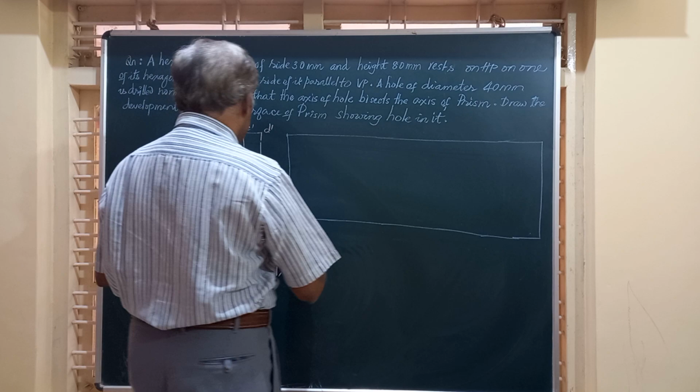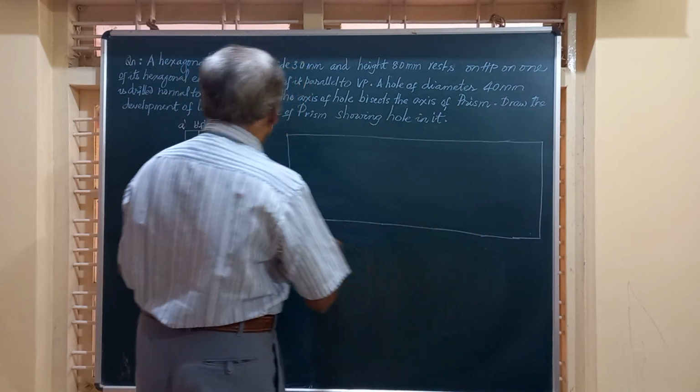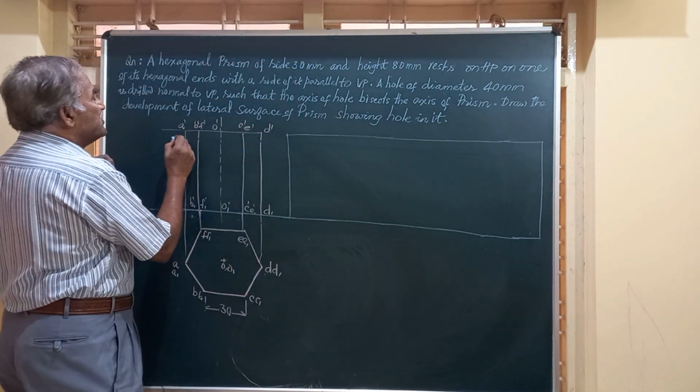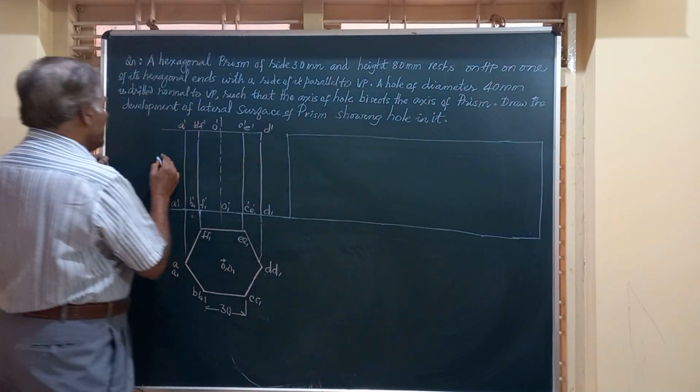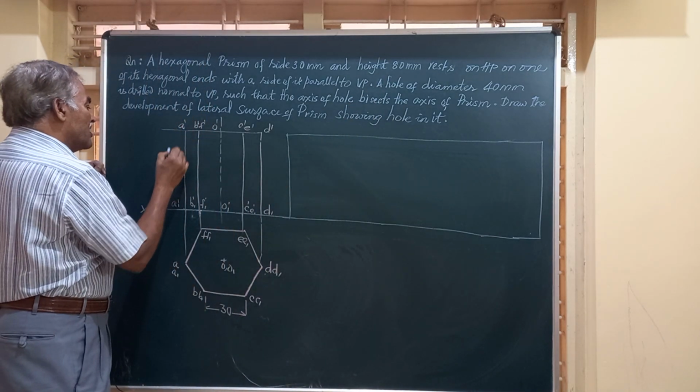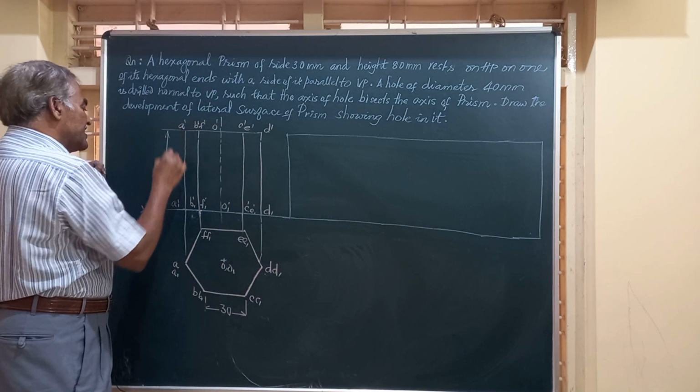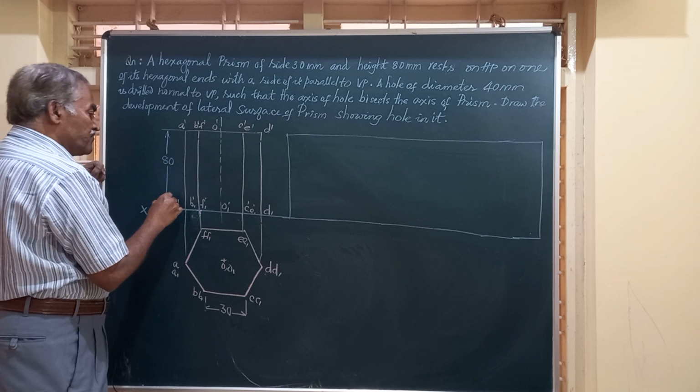So we are going to get 180 as the length, and the height of this object is given to be 80 millimeter. So I am going to mark that height in the development.